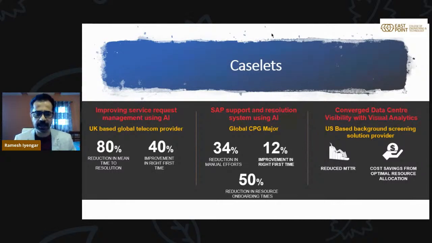So this is another challenge, right? What you see in many organizations is that, for whatever reason, they might have multiple ticketing systems, but they wanted to integrate and make it one. So this is where we took our AI platform, and what we did is through text analytics and the natural language processing side of it. There is something called SOPs, standard operating procedures. So we automated them, and with this automation, the mean time to resolution, the MTTR as we call it, was reduced by 80%.